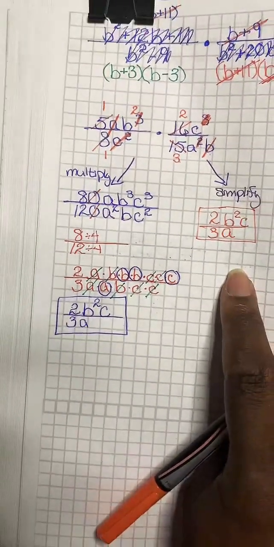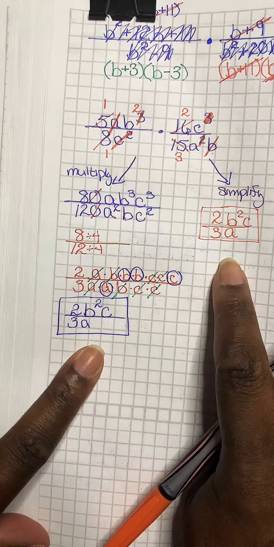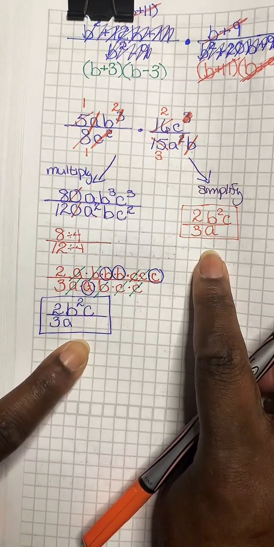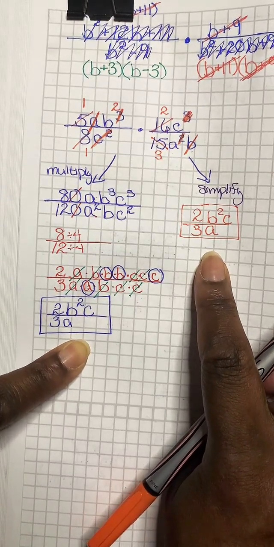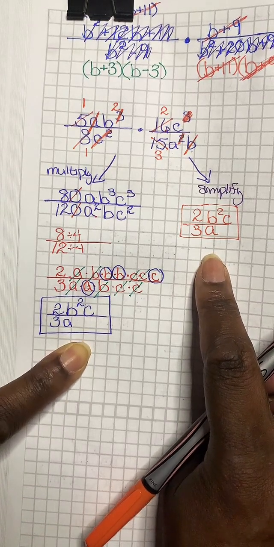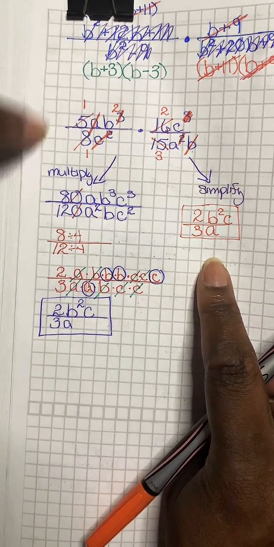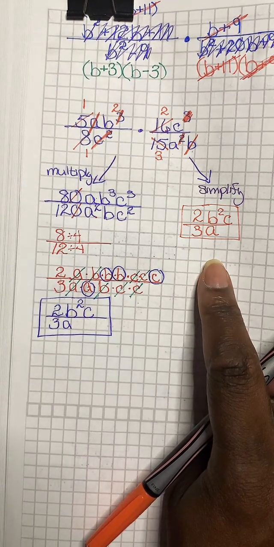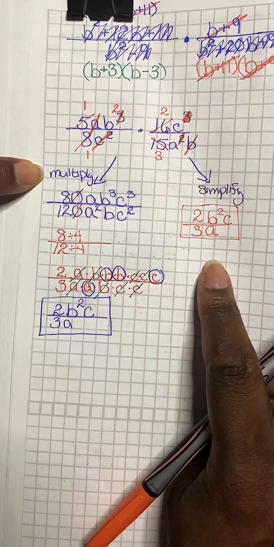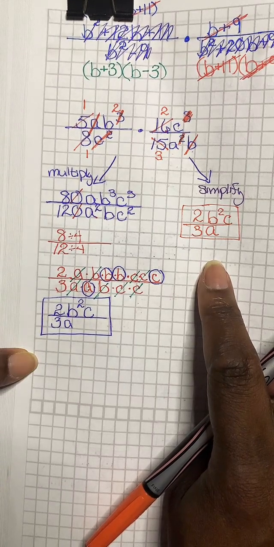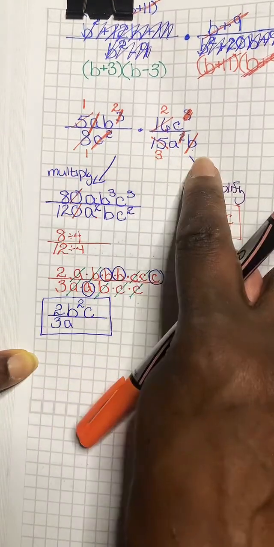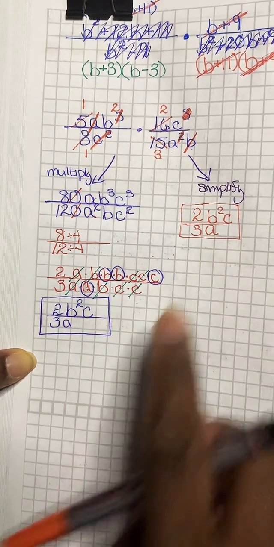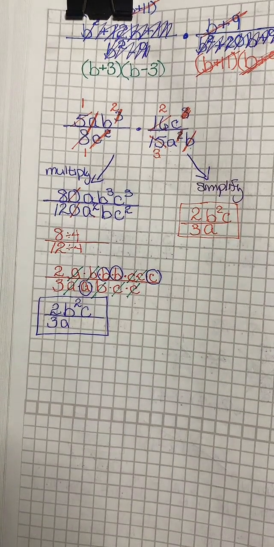Oops. Shrink it in there so you can see. Okay, so you're going to get the same answer no matter what. So you kind of have a choice. Either you can multiply, only when you have binomials. This is where it works best. I'm going to show you another one in a second. But you can multiply, then simplify, or simplify, then multiply. All right.